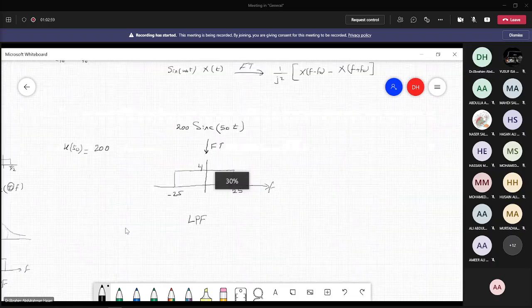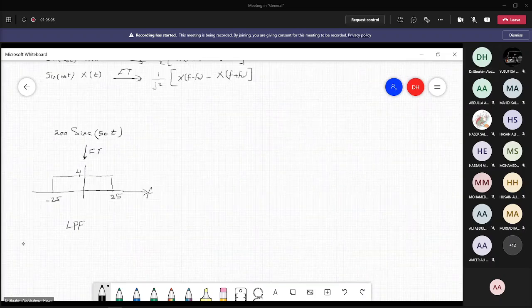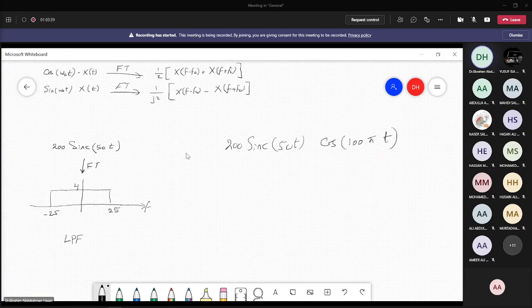Okay. If I multiplied this one, the 200 sinc 50t, by cosine 100 pi t, what will happen here?